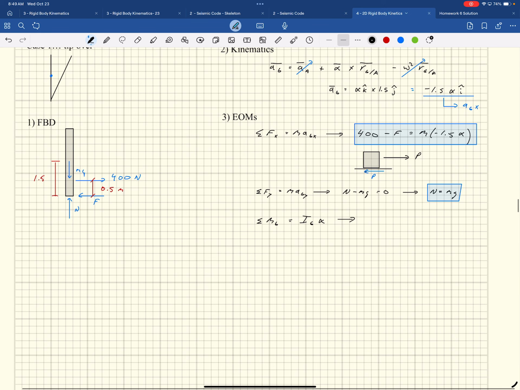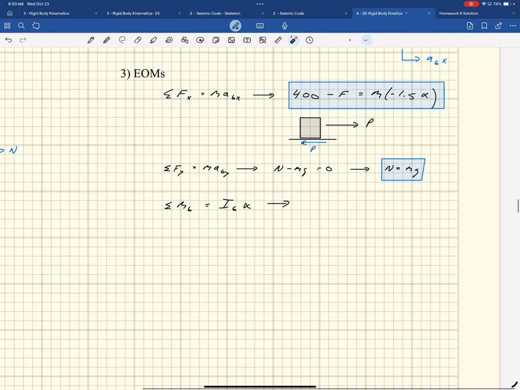And so I just write down my moments. I got this 400 Newton force. We're almost there. That 400 Newton force is going to cause a positive moment, since I'm summing the moments about the mass center. And then that friction force is going to cause a negative moment about the mass center, right? And those are the only two forces that would cause a moment here.